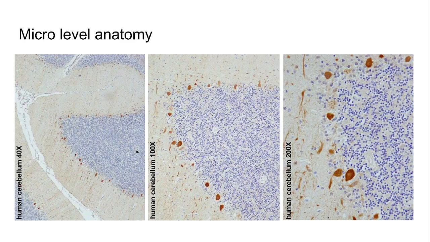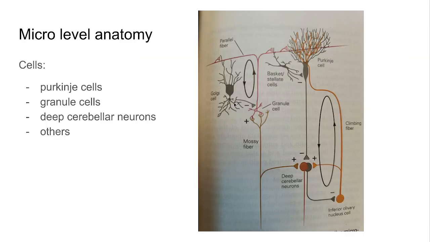We have this blue region, which is made mostly out of granular cells. Then there are these big red-orange cells, which are called Purkinje cells, and the yellow region is made mostly out of dendrites of the Purkinje cells. In more detail, you can see this in this picture.